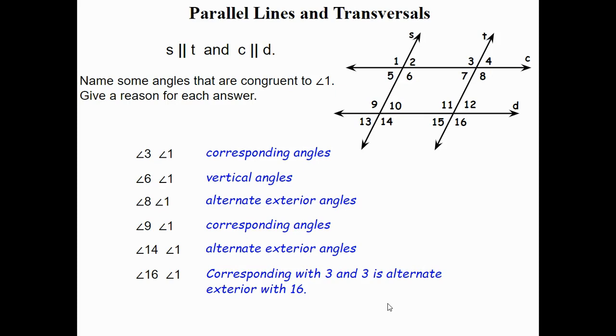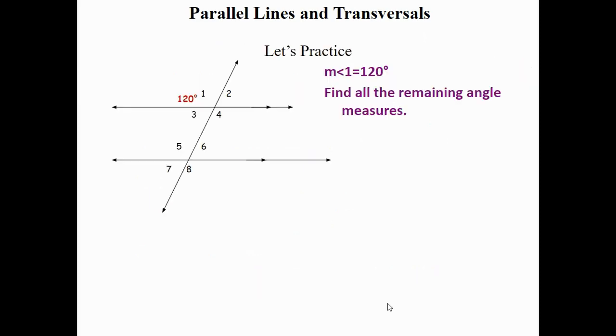All right, last challenge. Let's practice actual degree measurements. So find all the remaining angle measures. So when you know 1 on your paper, you're going to write down what you think 2 is, and then you're going to justify that. When you know 3, you're going to write it down and then justify it. 4, 5, 6, 7, 8, and give your justifications.